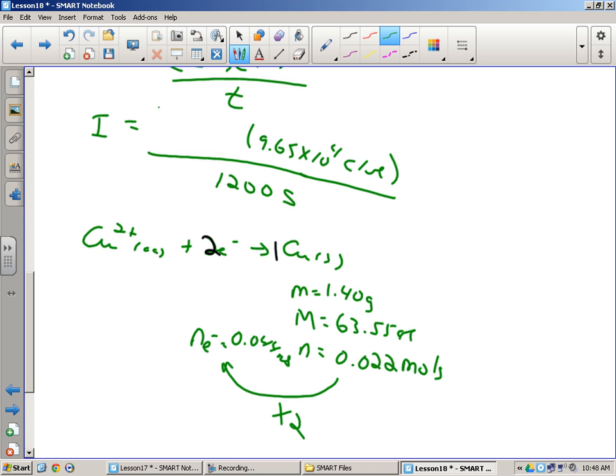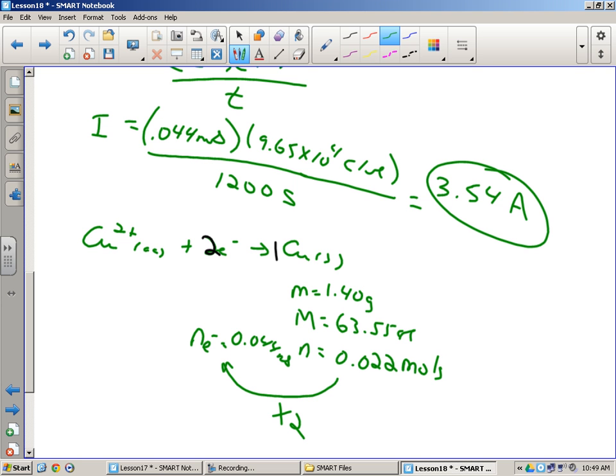And that's what I'm going to put into here. That number is rounded, so you want to use the unrounded numbers. Multiplying that all together, 0.044 and the 9.65, you should get a final answer of 3.54. And remember, when you solve for I in this question, it is in amps. So you get about 3.54 amps.